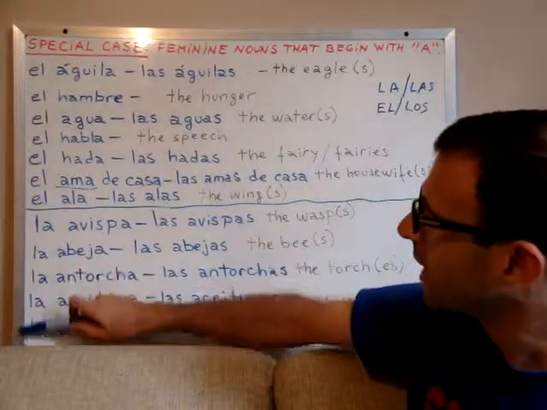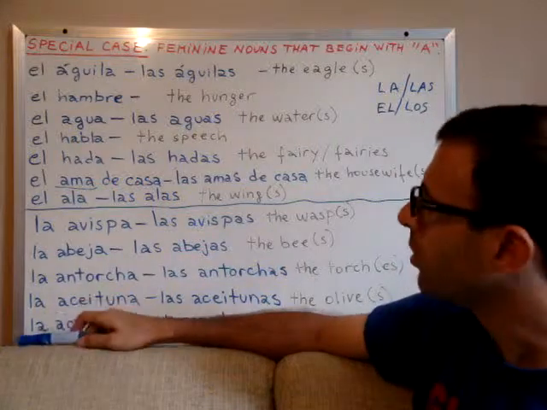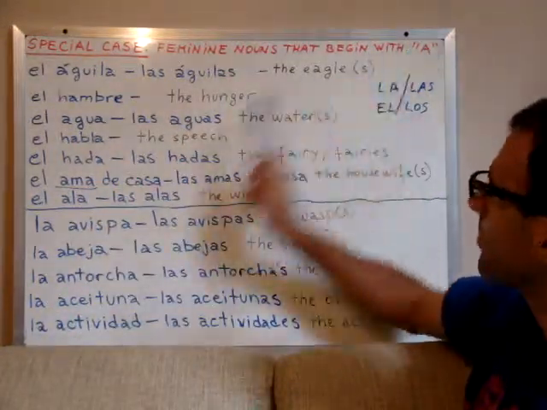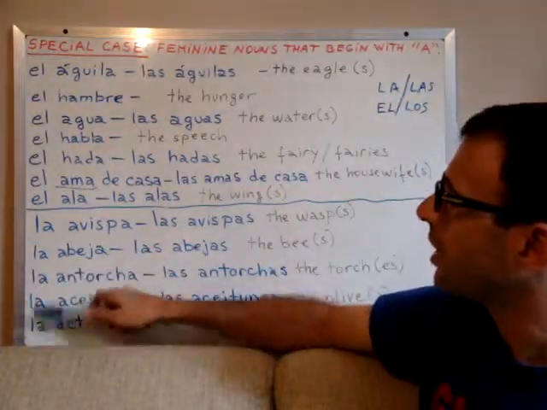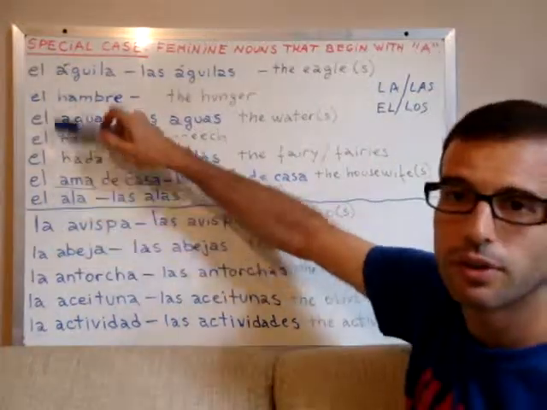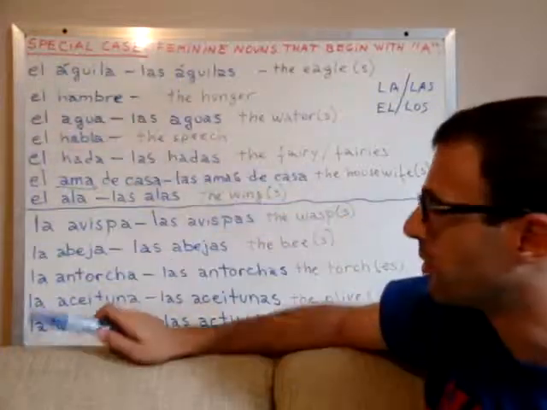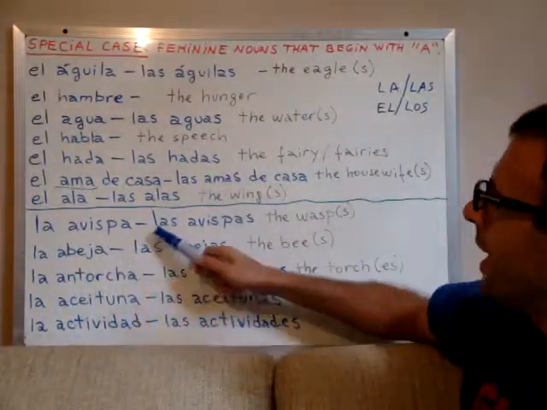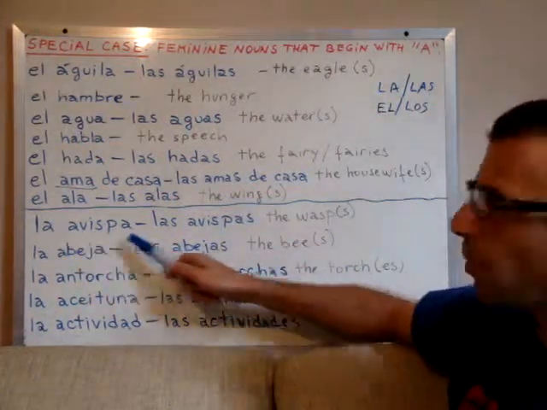Now let's take a look at these other nouns that also are feminine and begin with an A. However, they do not use the masculine article like the ones in the upper part of the whiteboard. Let's see. La avispa or las avispas for the wasp or the wasps.